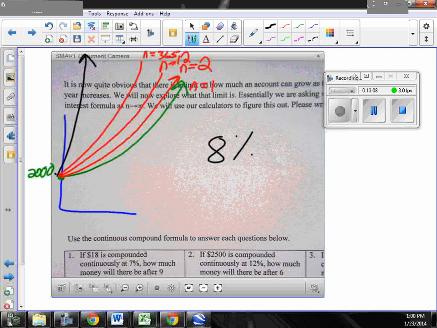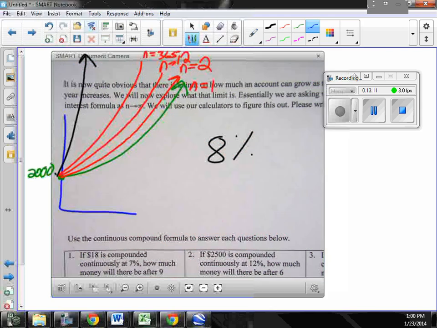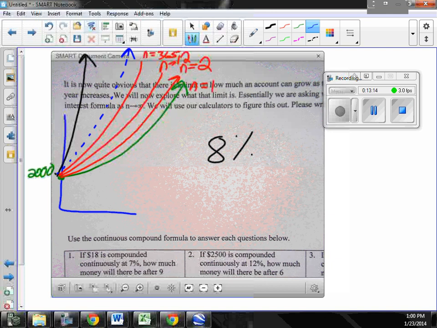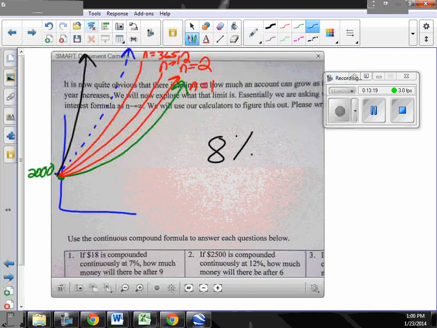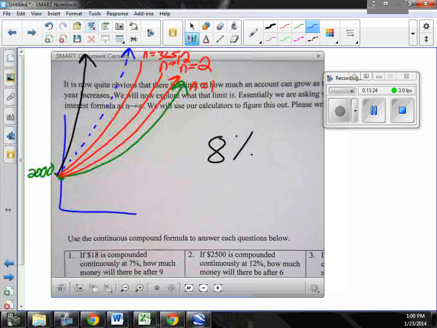So, somewhere is this theoretical line that represents the highest increase an 8% graph can achieve. Well, what is the n value for that graph? Infinity. So that blue dotted line is the graph when n equals infinity.